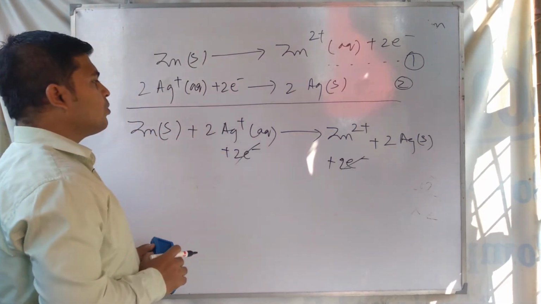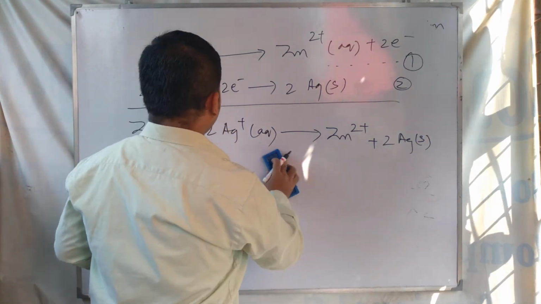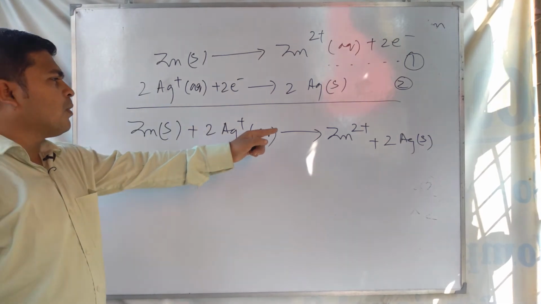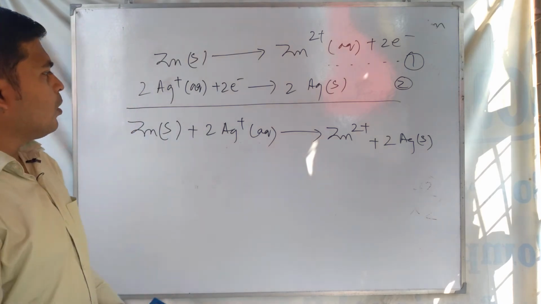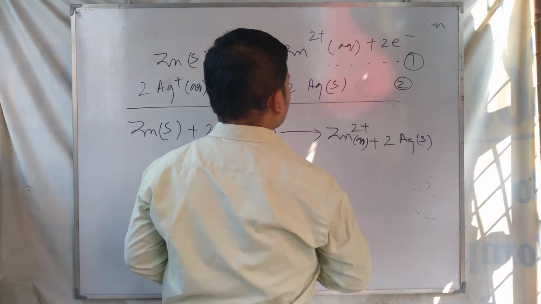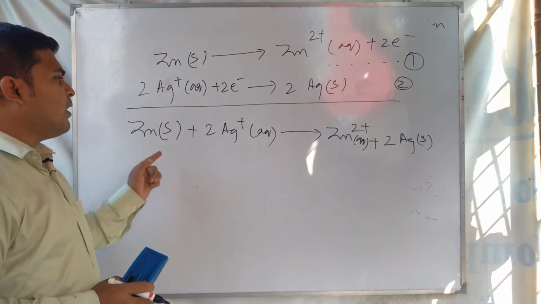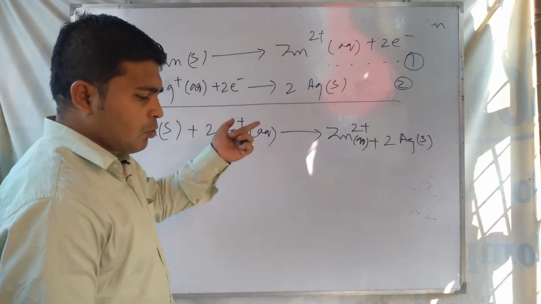So the net cell reaction is this one: zinc solid plus 2 silver ions, giving zinc 2+ and 2 silver solid. You can write aq here. So this one is the overall or net galvanic cell reaction for the given question.